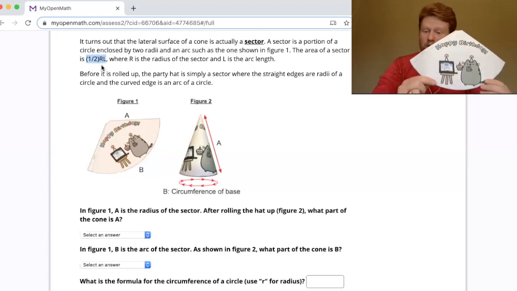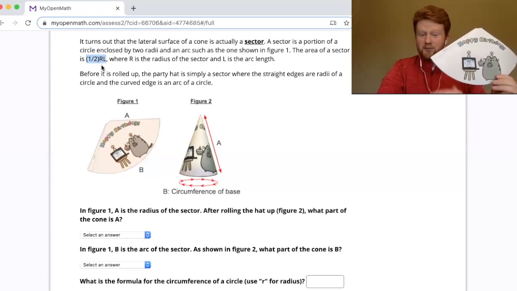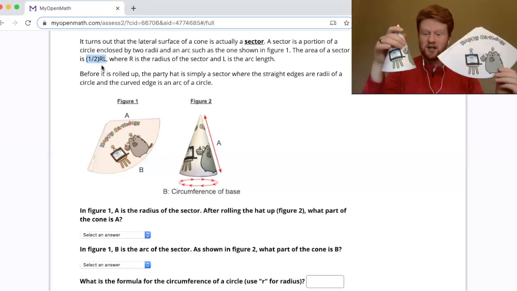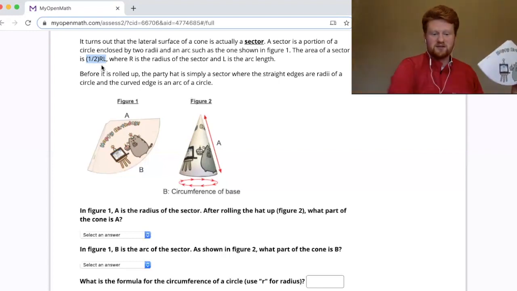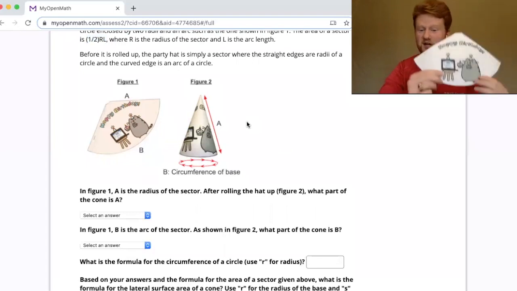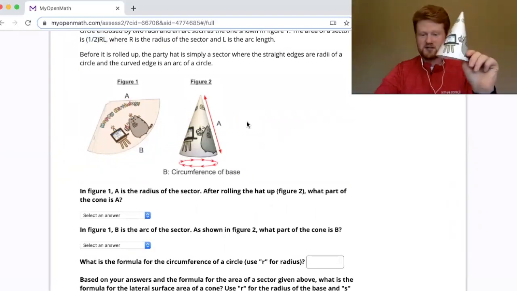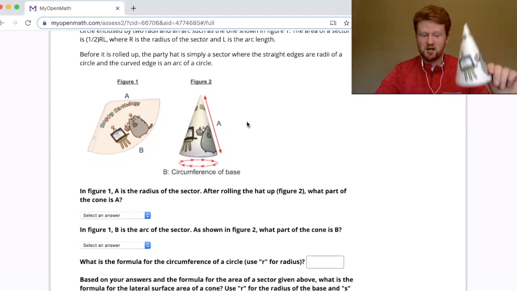And since we know that the lateral surface area of a cone is a sector, we just need to figure out what the radius and the arc length are in regards to our cone, and then substitute it into the formula. So down here, I have two figures drawn out. Figure 1 is the unrolled version of the party hat, and figure 2 is the rolled up version, where we can see it more as a cone.